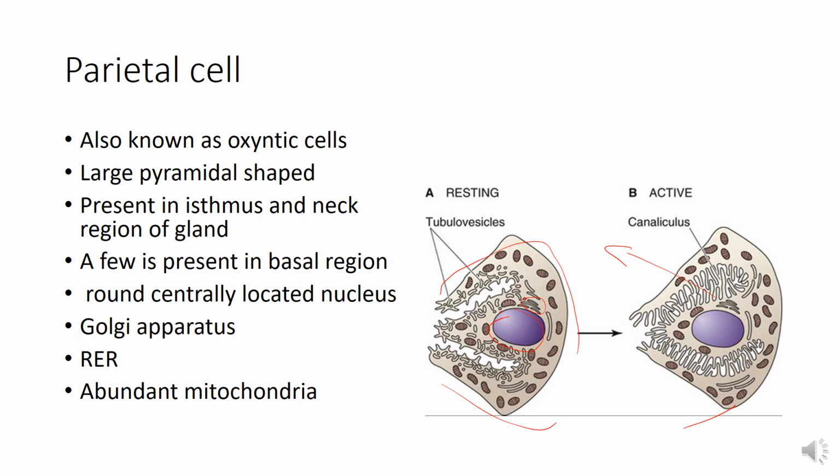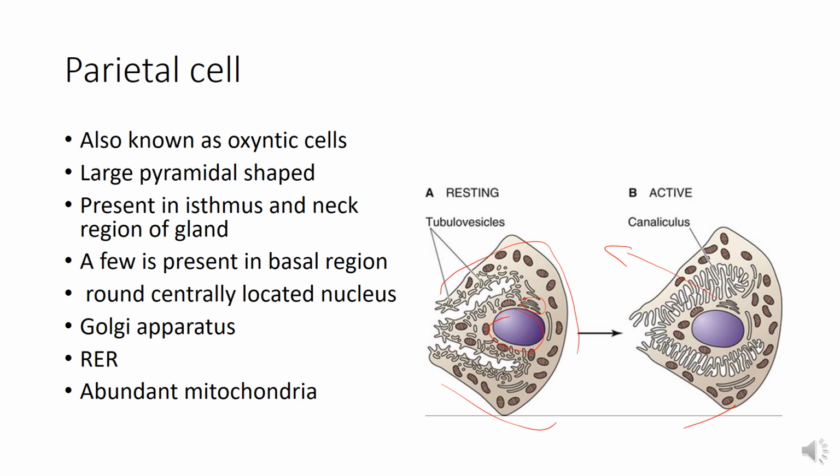This canaliculus is actually a deep invagination of the luminal plasma lemma of parietal cells into the interior of the cell, and is meant to increase the surface area available for the HCl secretion. The plasma lemma of intracellular canaliculus contains numerous hydrogen-potassium ATPase pumps, called proton pumps, which pump hydrogen ions from the cytoplasm of the parietal cells into the lumen of the intracellular canaliculi.